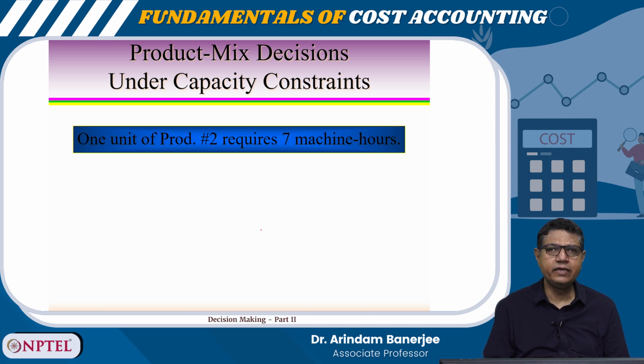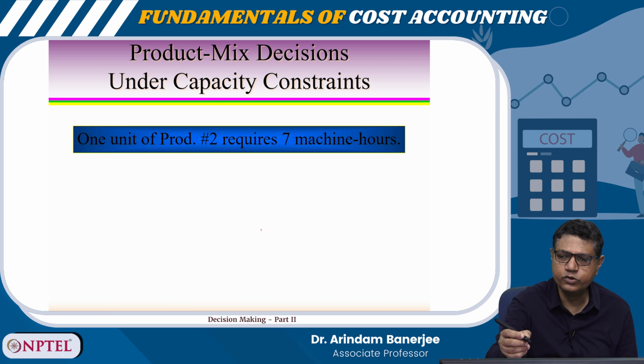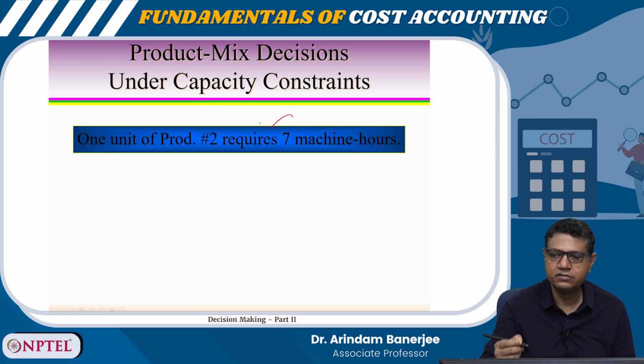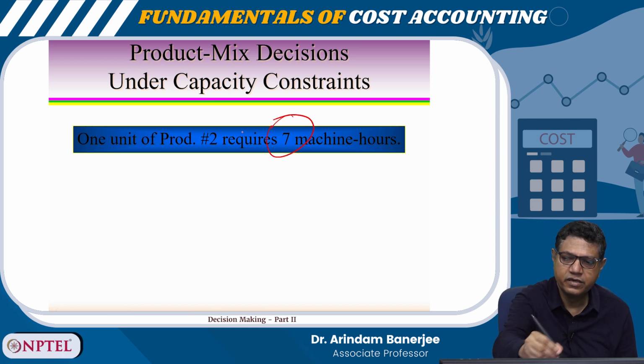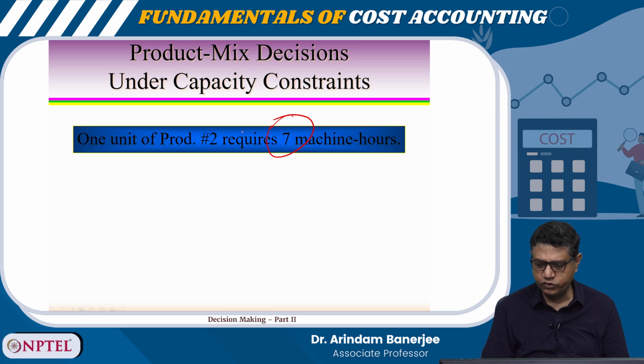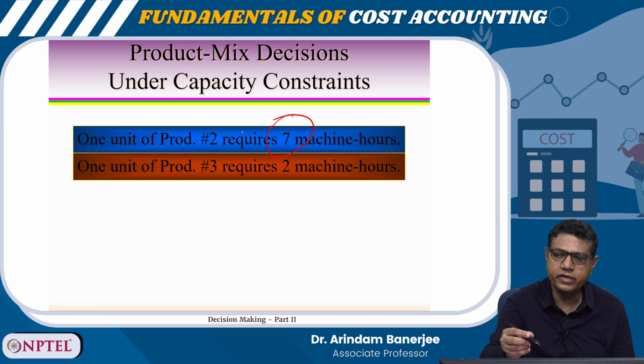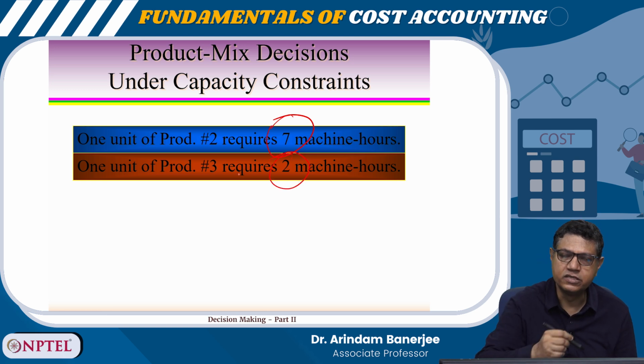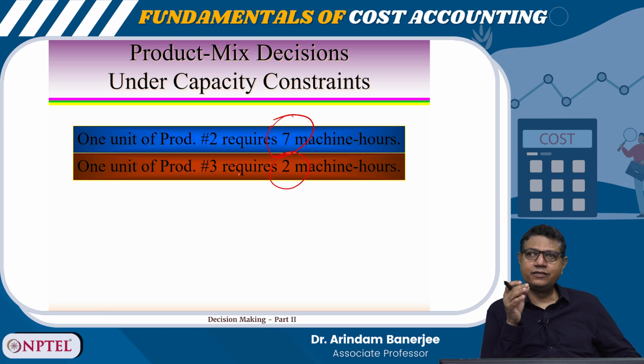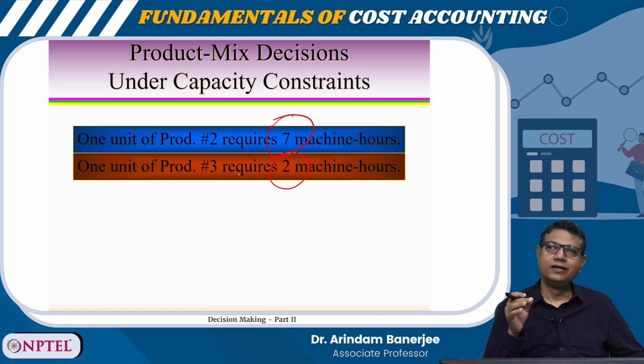Here it gives some more information: product 2 requires 7 machine hours per unit to produce, and product 3 requires 2 machine hours. When I add this information, you see the perspective gets changed.